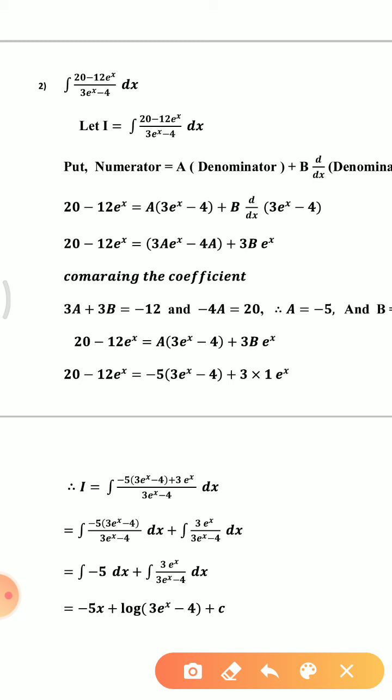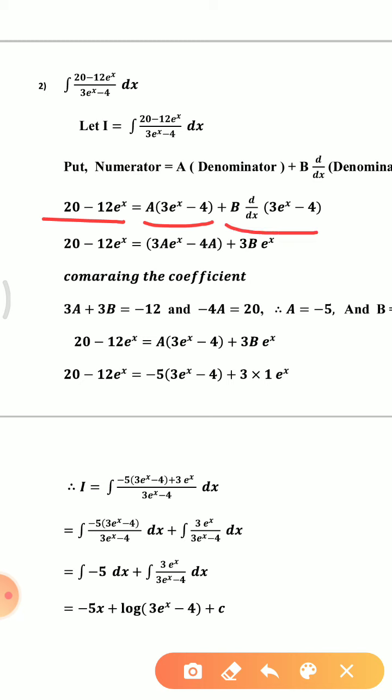The numerator is 20 − 12e^x and the denominator is 3e^x − 4, so 20 − 12e^x equals a into (3e^x − 4) plus b into the derivative of (3e^x − 4).